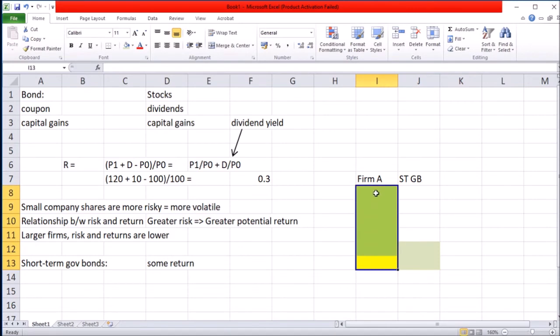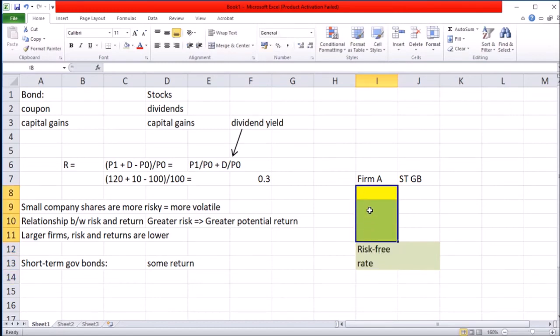Investing into this company A is risky, but even if it was not risky, you would still expect somewhere around 2% return. So out of this total 6% return on investment into company A, some of this return would be expected even if there was no risk. So this level of 2% would be expected if there was no risk at all. And this level is called the risk-free rate of return.